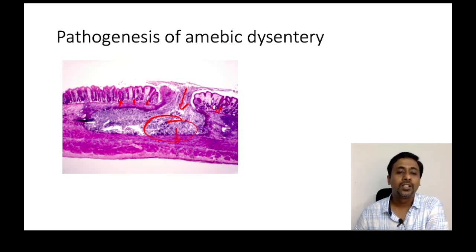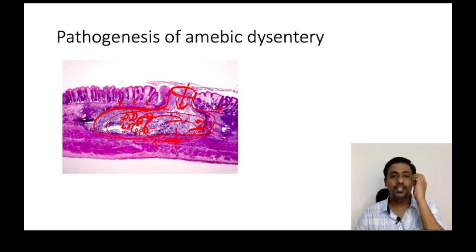So it travels transversely to the side and multiplies there, leading to the formation of a typical ulcer, which is shaped like a flask with a narrow opening through which the trophozoite entered and a broad base with a muscular bed.